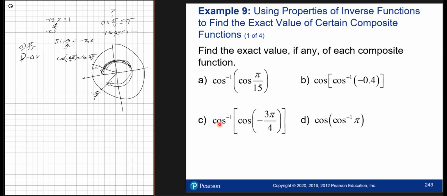So theta in this case is pi over 6. Where up here, the cosine that equals 1 is the angle 0.